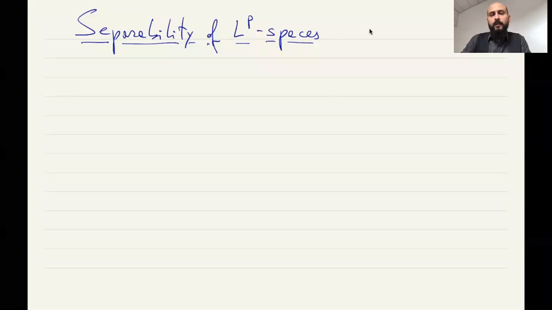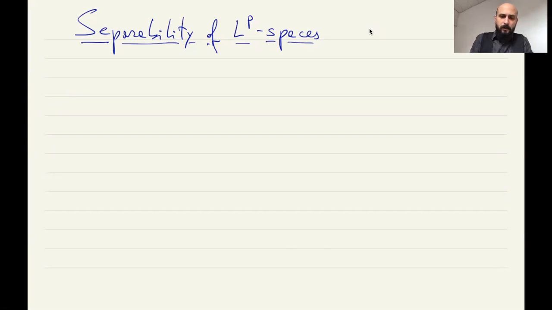At this point, we want to ask ourselves whether our Lp spaces are separable. The answer will depend on p: for p finite, the Lp spaces will be separable; for p infinite, they will not. Let's consider first the case where p is different than infinity.